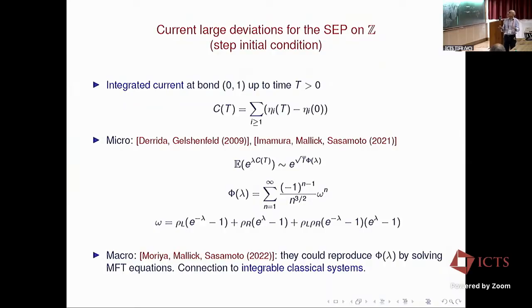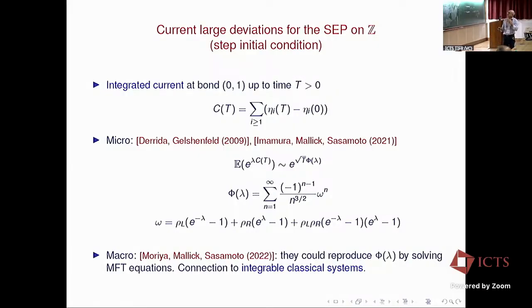Similarly, if we look at large deviation of the current in this setup on Z with step initial condition, so we start from the left of the origin with a product Bernoulli with some density rho left, and the right a product Bernoulli with some density rho right.